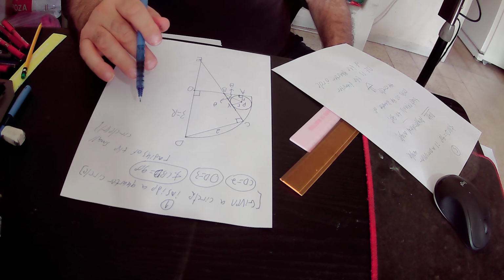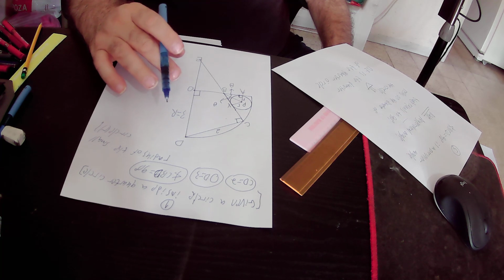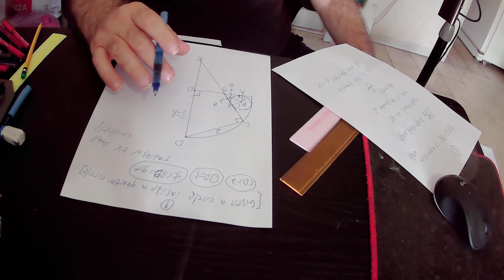And we know that the diameter of any circle equals 2 times the radius.